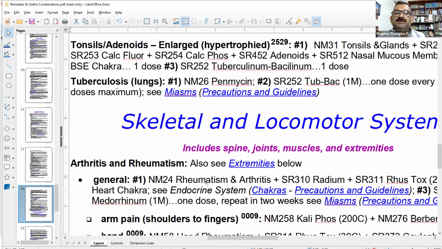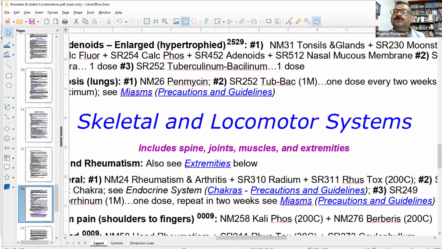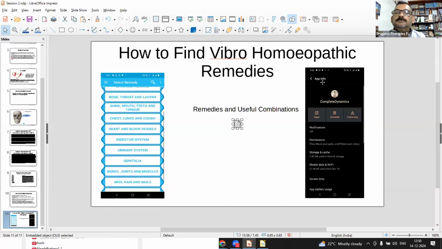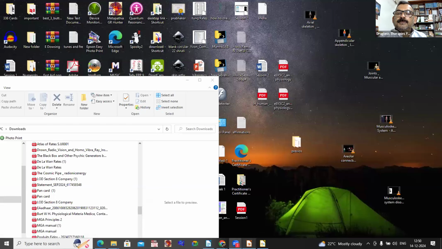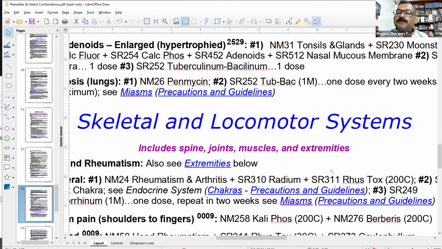We can use mixture number NM24, SR 310, and Restox.